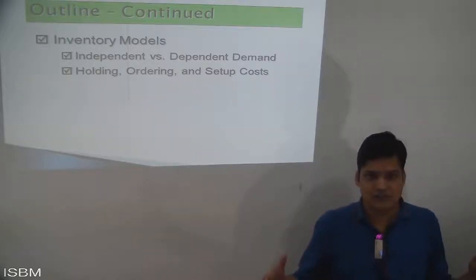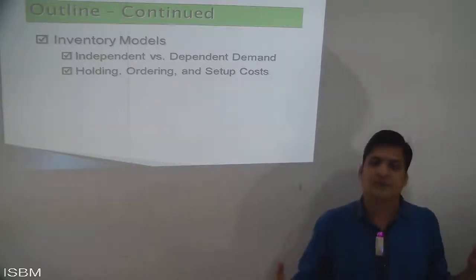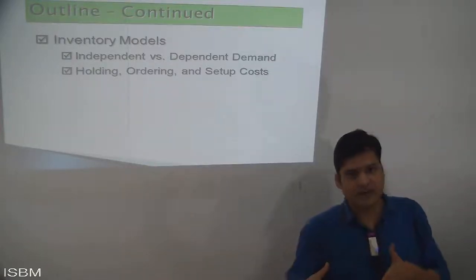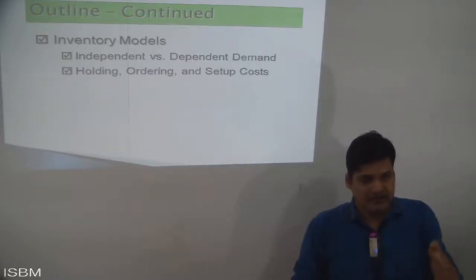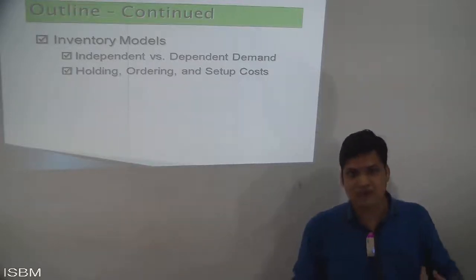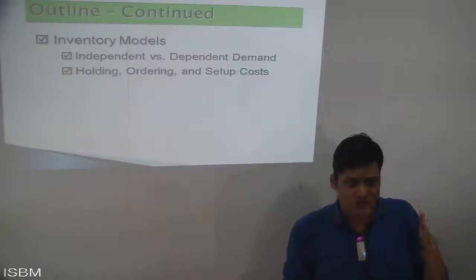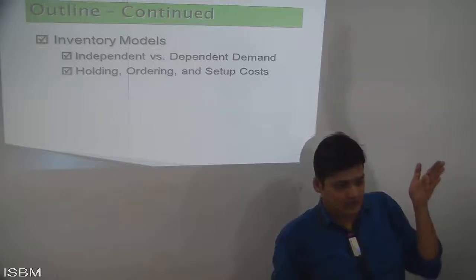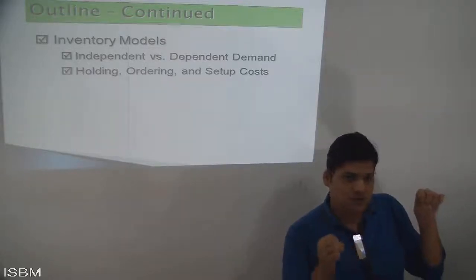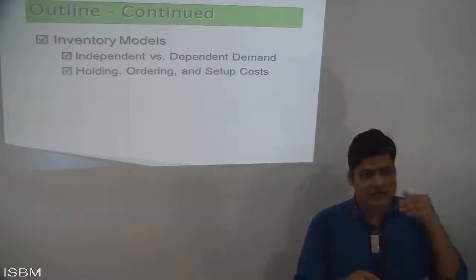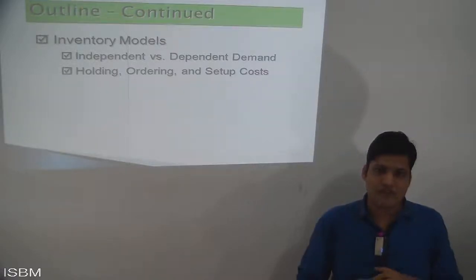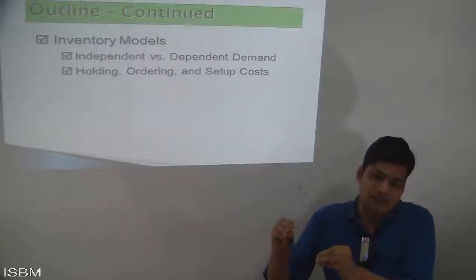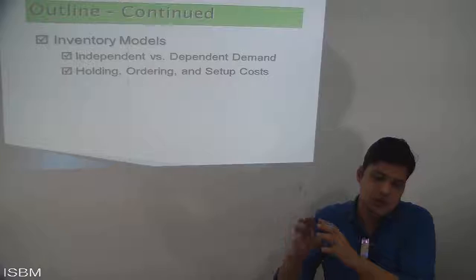Suppose we have 50,000 square feet space; we will bifurcate it into 5 or 10 different storage parts. In one 5,000 square feet area we will store electronic gadgets, in another 5,000 square feet area we will put home appliances, and in another we will put things related to clothes and shoes, etc.